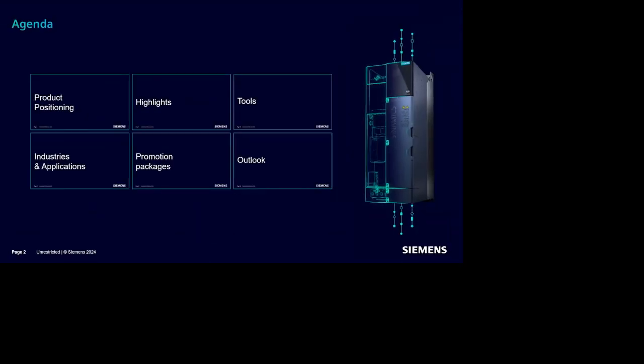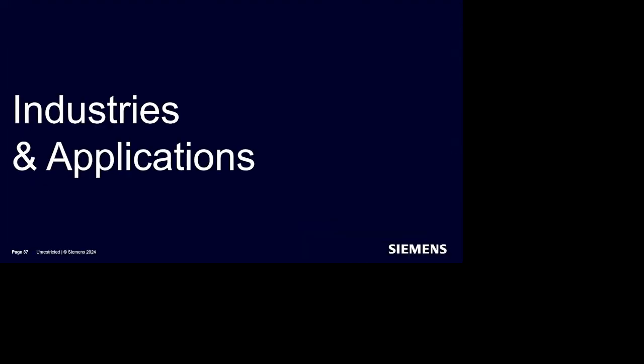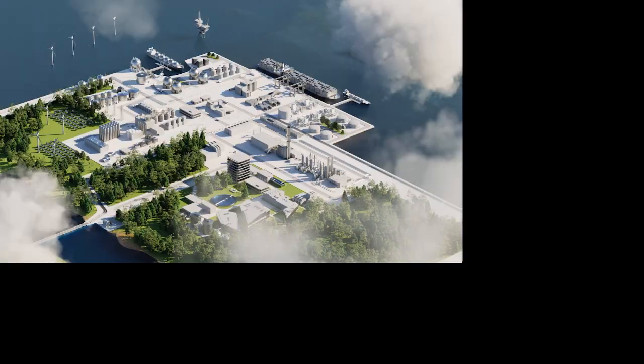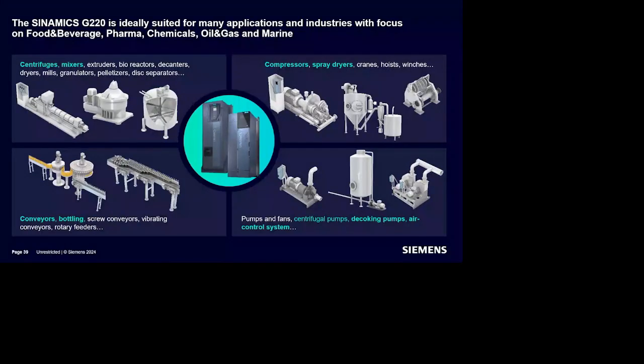Then, about the industries and applications. Then we have the overview here, and in this very first step, we focus on food and beverage, pharma, chemicals, oil and gas, and marine, but also general machinery for sure.